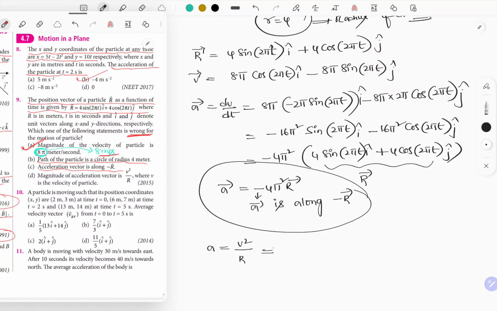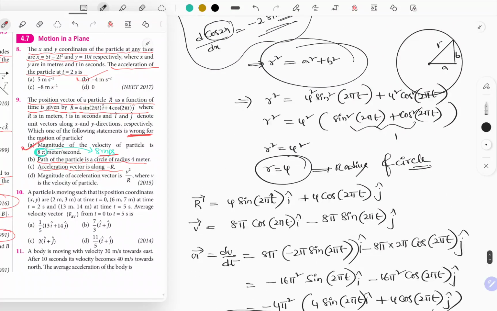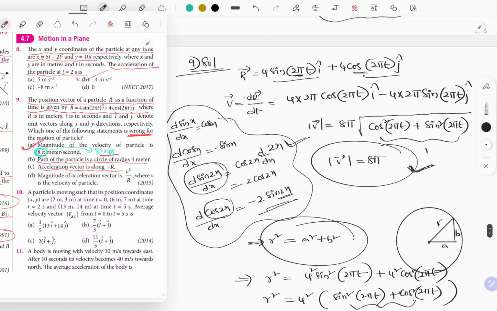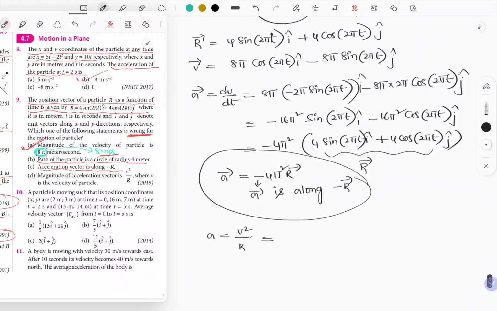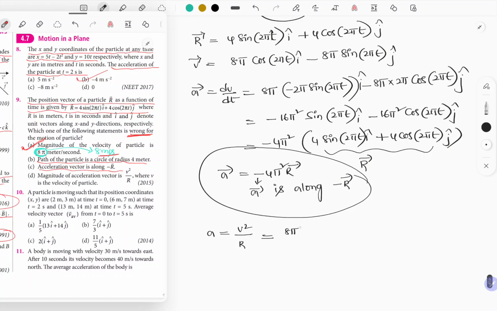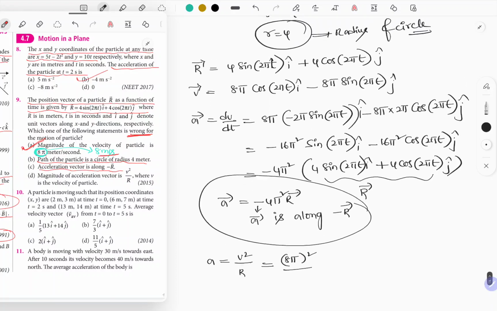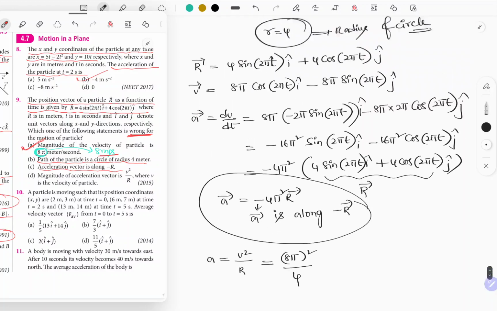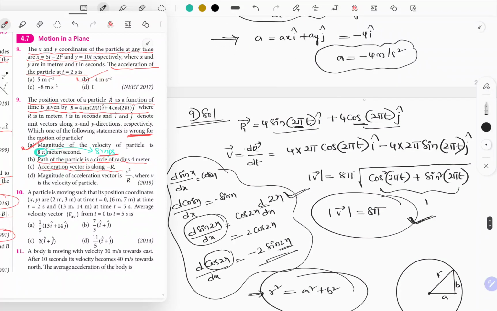Okay, let us see. Magnitude of v is going to be 8 pi. So v square is 8 pi square, divided by r. What about r? The magnitude of r is going to be the square root of 4 sine 2 pi t whole square plus 4 cos 2 pi t whole square.